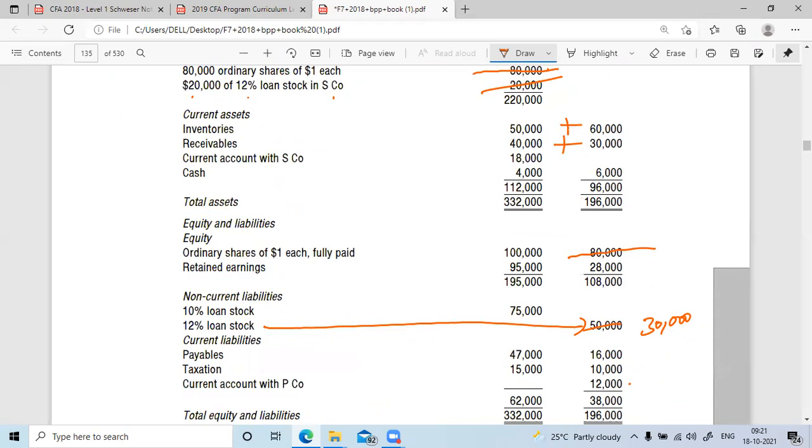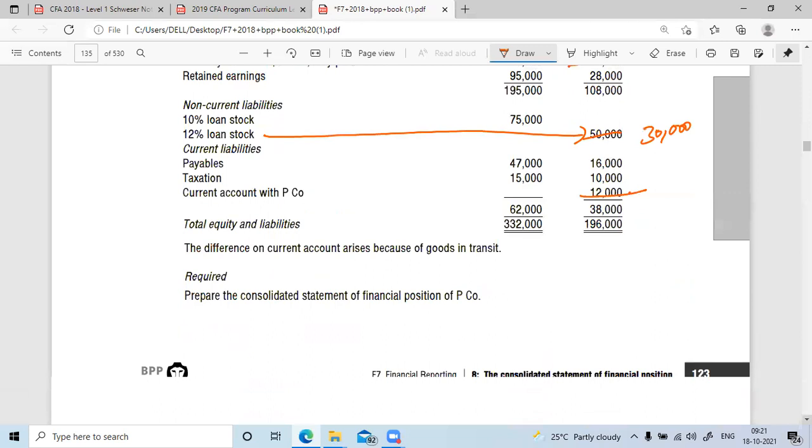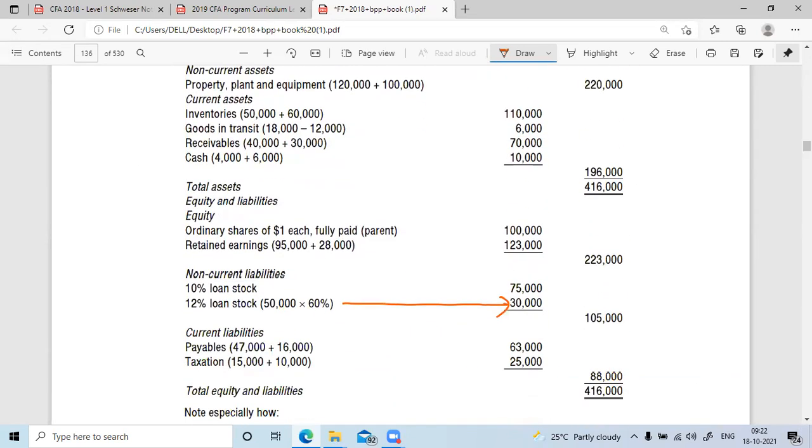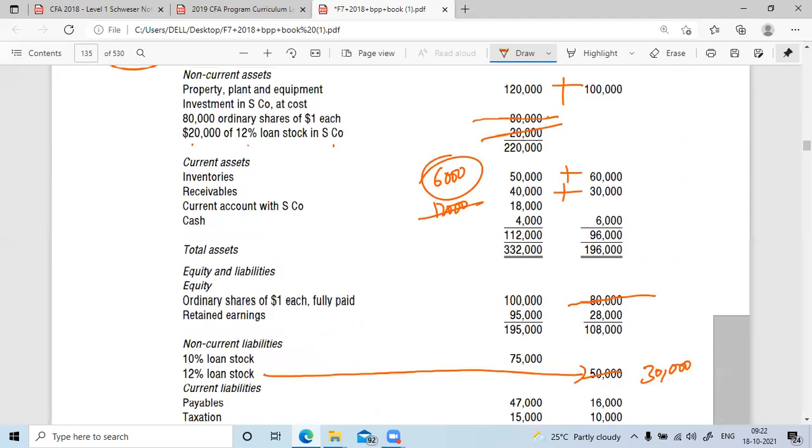So how much can they cancel out, the common thing? 12,000, correct? That means 6,000 will be in transit. Goods in transit, sorry, because it's goods. And cash add up. Then this is done.